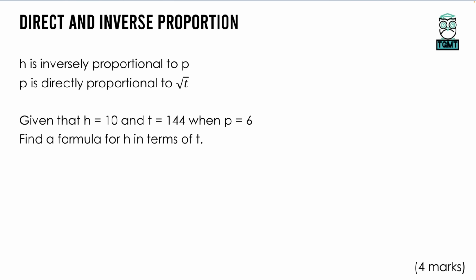So we're going to start by writing our inverse proportion formula, which is h is equal to k over p. We have a direct proportion formula for p, so p is equal to k multiplied by root t. That's our inverse proportion formula and our direct proportion formula.